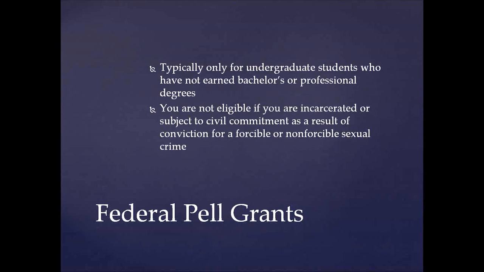Additionally, conviction and incarceration or other kinds of civil commitment as a result of certain kinds of crimes, most notably sexual crimes, will render you ineligible for the federal Pell Grant. To view more information about the Pell Grant, visit this link here.